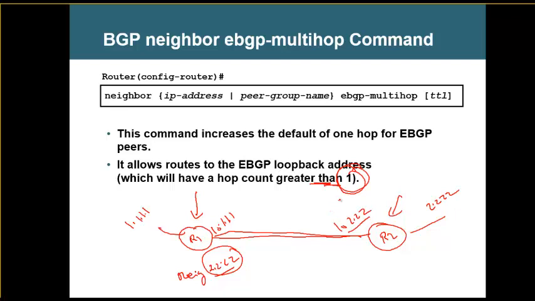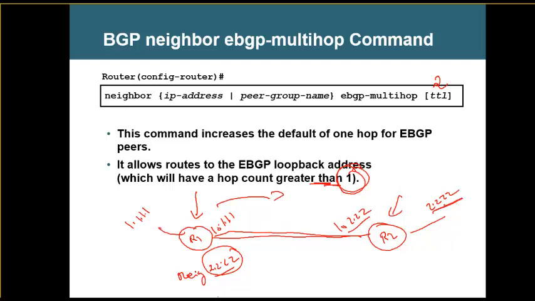Simple. When you put greater than 1, meaning 2, router 1 will now use the route given by you, the static route, to reach 2.2.2.2 and go out. Is 2.2.2.2 two hops away?